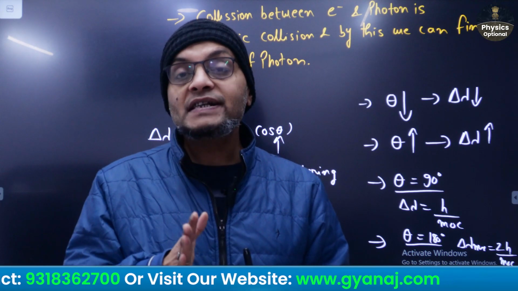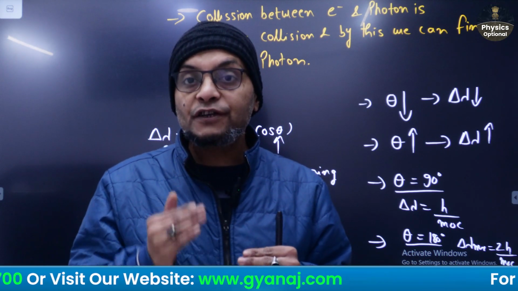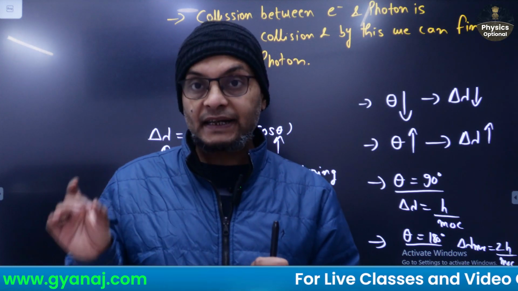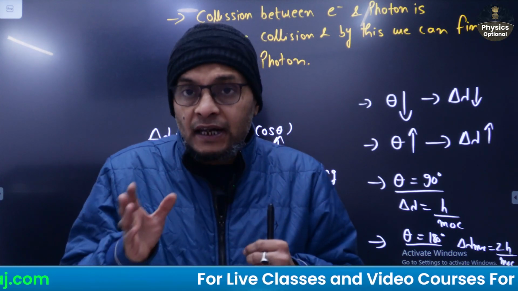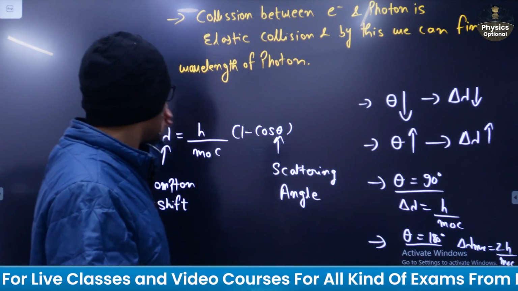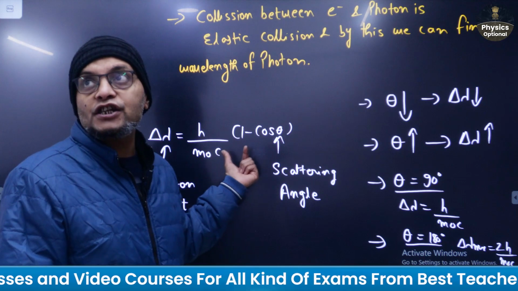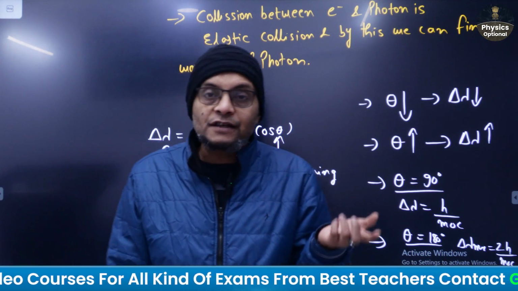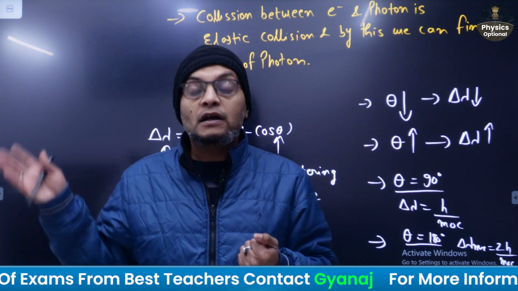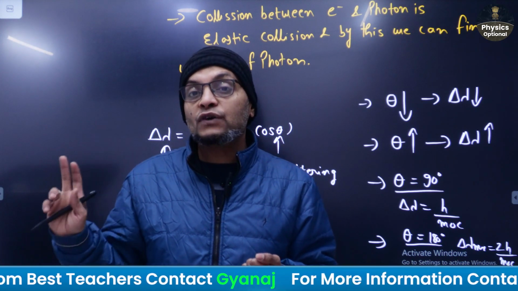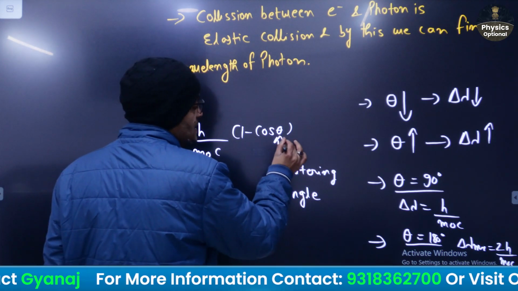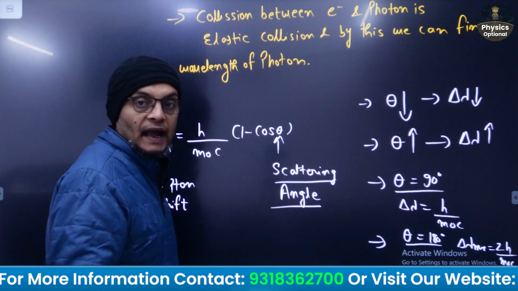For this, we say that the collision between the photon and electron is an elastic collision, okay? And if the collision is elastic, then easily by conservation principle, we can find out the change in the wavelength, and the change in wavelength comes out to be h upon m naught c, where c is the speed of light, h is Planck's constant, into 1 minus cos theta, where guys this theta is known as the scattering angle.